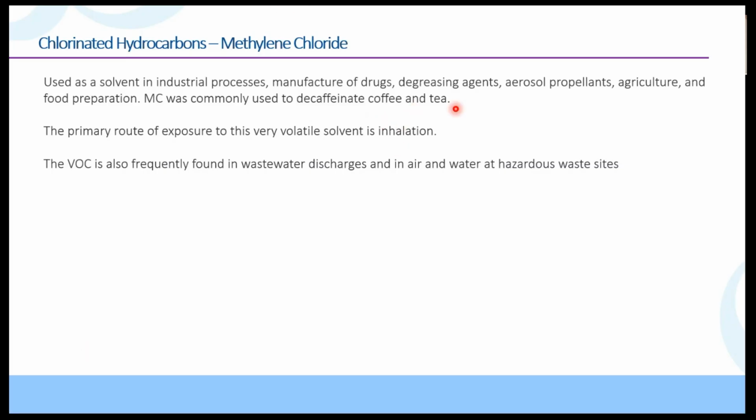So decaffeinated coffee and tea is very popular in the US, so that you can enjoy your cup of coffee and tea without getting any exposure to caffeine. The primary route of exposure to this very volatile solvent is inhalation. This VOC is also frequently found in wastewater discharges and in air and water at hazardous waste sites.